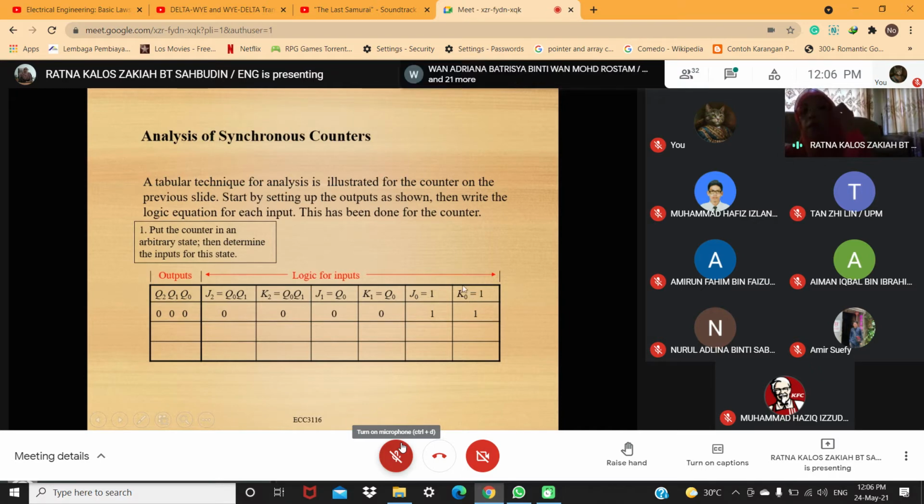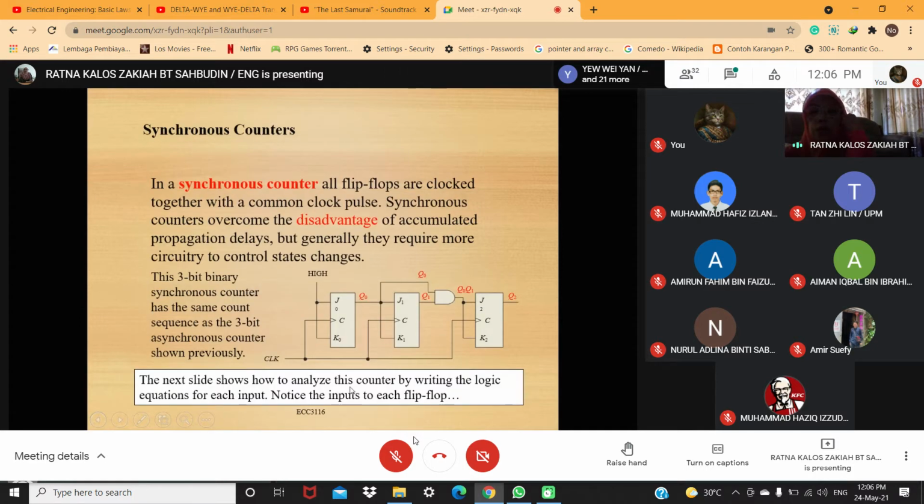Okay. Where do you get this? How do you get this equation? J2, see here from this diagram here. Okay, J2 here, K2 here, J1 here, K1 here, J0 here, K0 here.